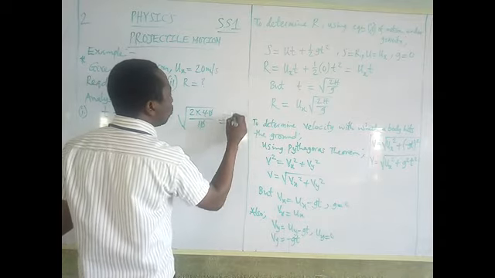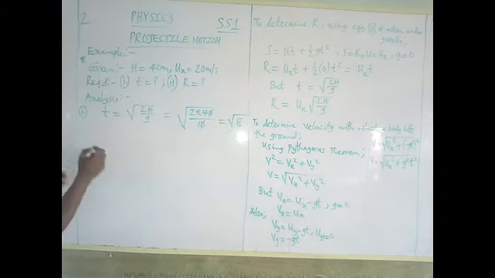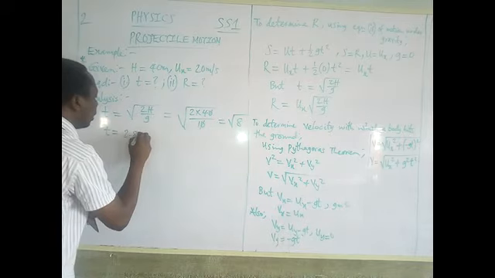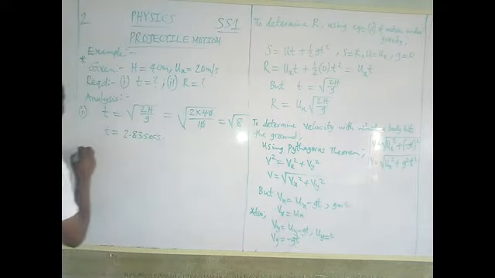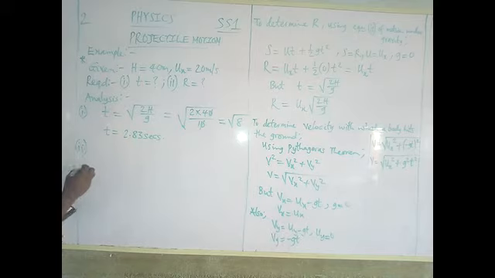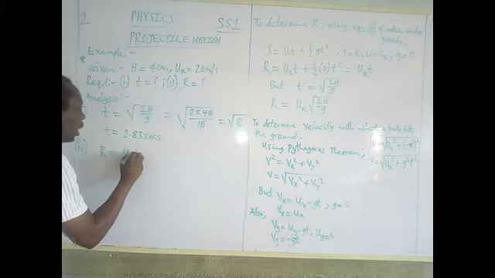That will give us square root of 8, which is 2.83 seconds.